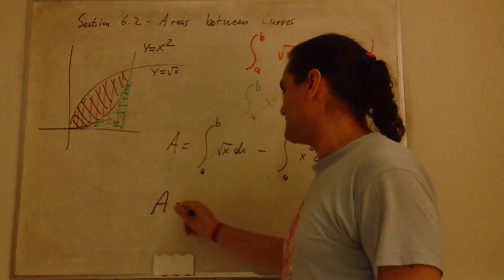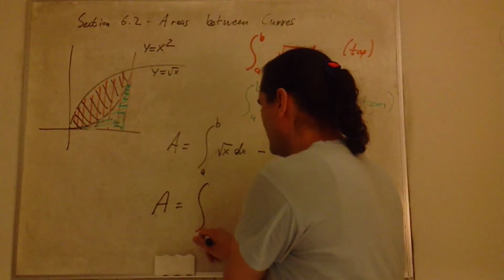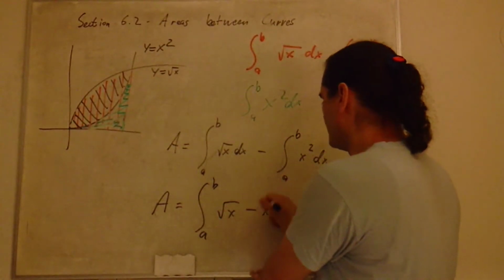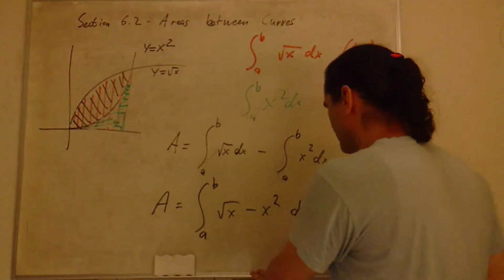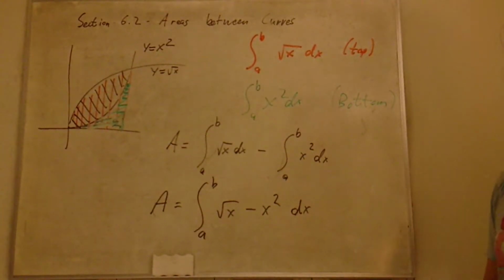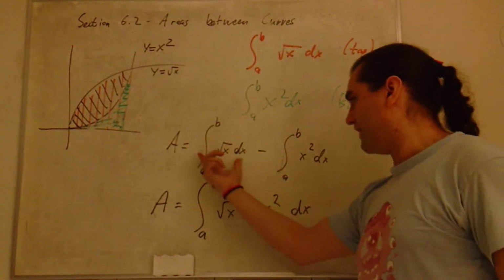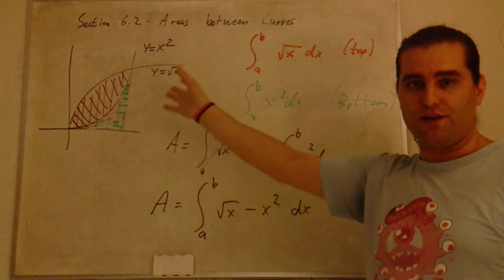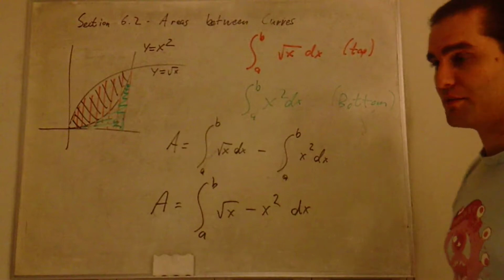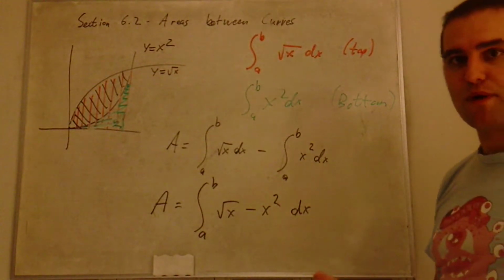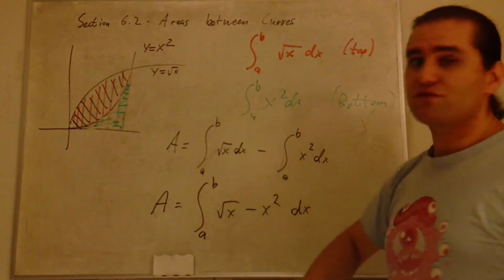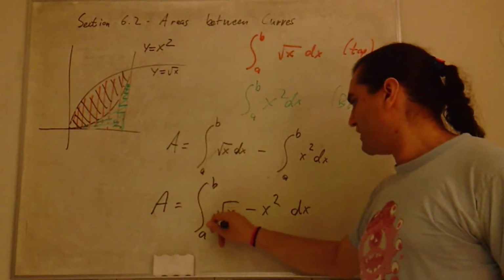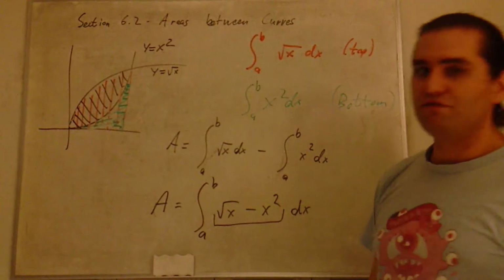Because subtraction is safe, I can do one integral of the top minus the bottom. So you can think of this as finding the area under the top, finding the area at the bottom, and subtracting the two to get the area in between. That's one way to think about that, and that is a perfectly acceptable way to think about that. The other sort of way to think about this is if you look at the difference between the two functions.